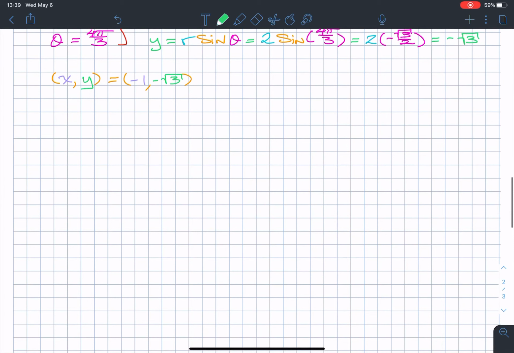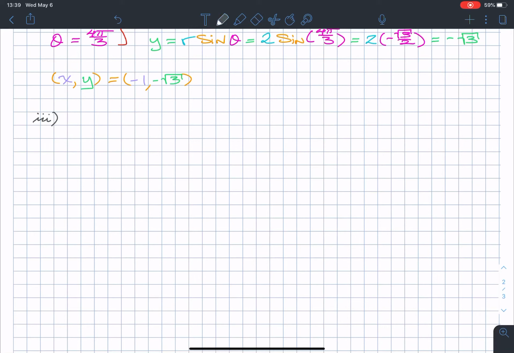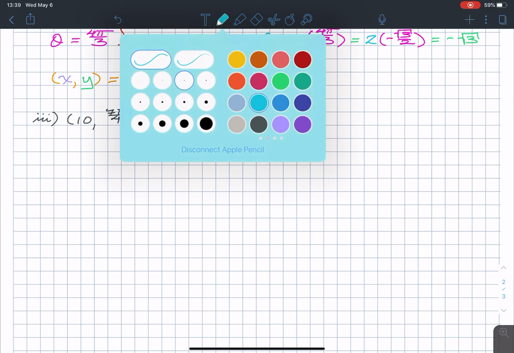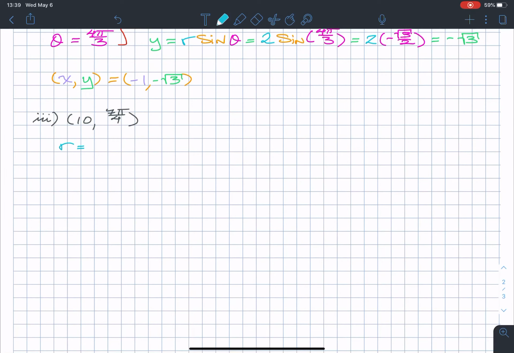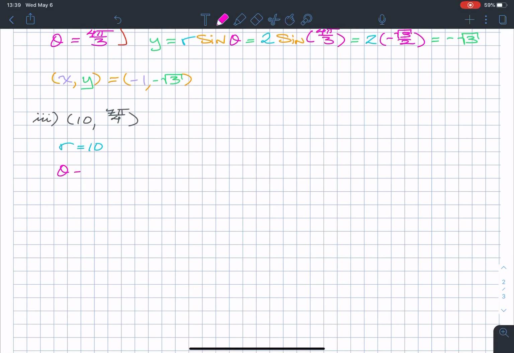Okay, so I think I'll just do one more example for this video, then I'll do another video. So number 3, move this down a bit. Okay, so let's do 10 comma negative, no, let's just do positive 7 pi over 4. Okay, so my radius is 10, and my angle theta is 7 pi over 4.